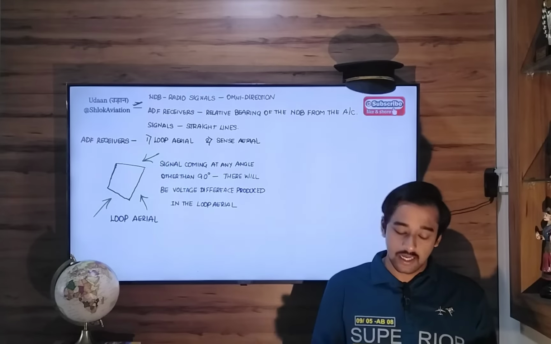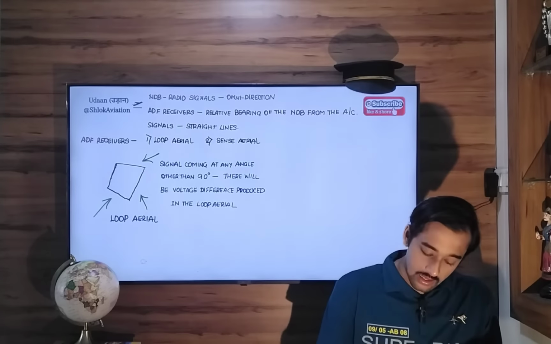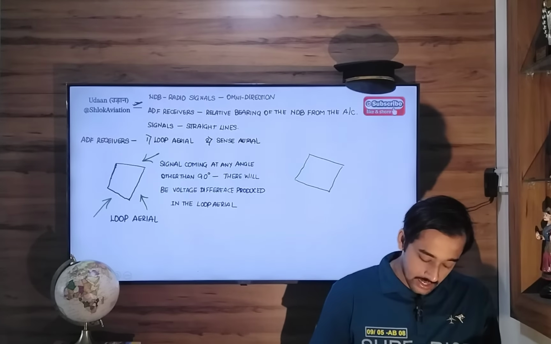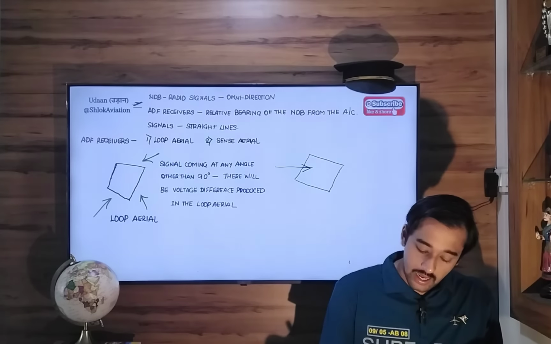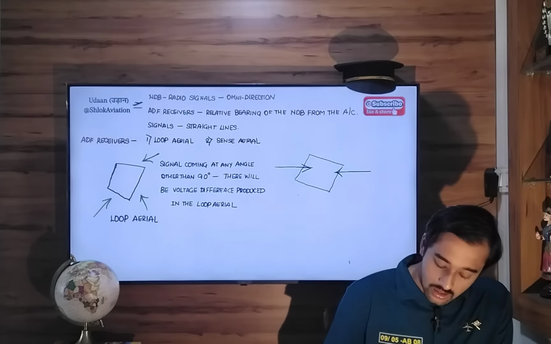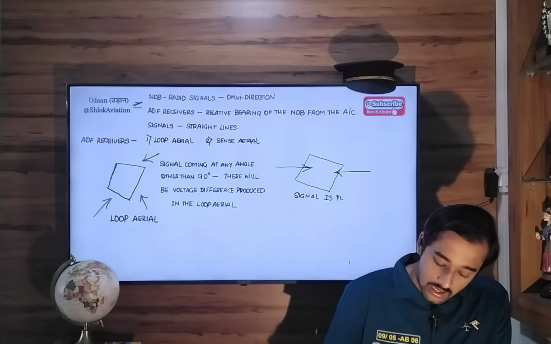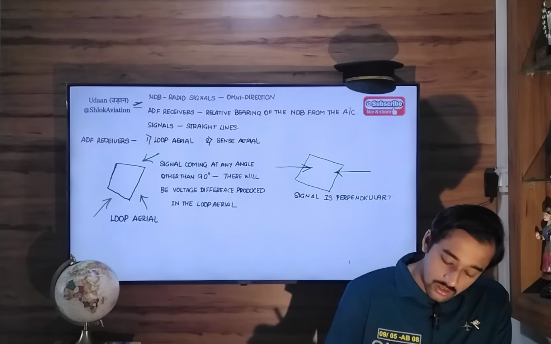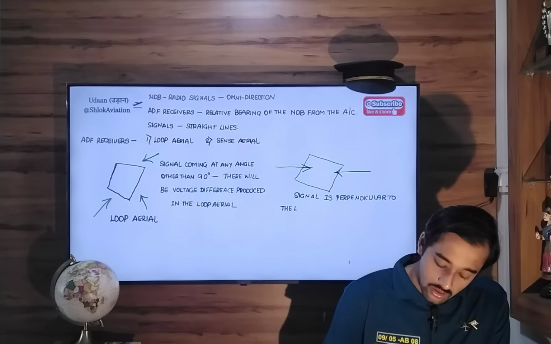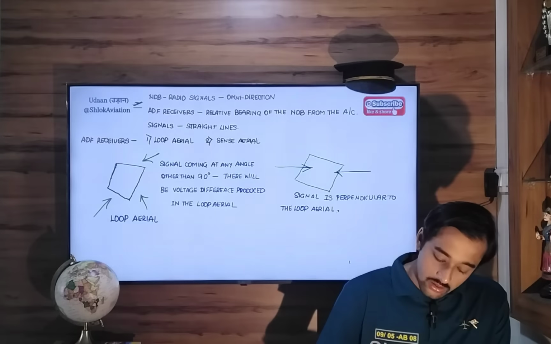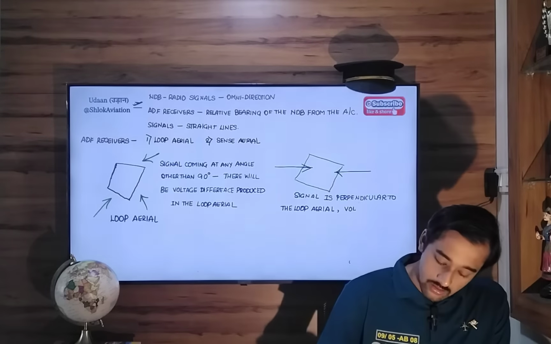Next point, if the signal is coming at 90-degree angle, perpendicular to the loop aerial, voltage difference won't be produced.